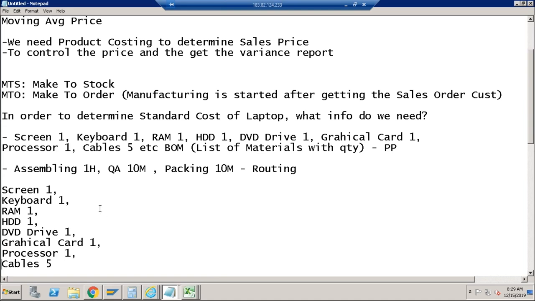So let's say if I have this information in the system, the screen will cost me 100 USD, the keyboard maybe 5 USD, RAM again 20 USD, hard disk maybe another 30 USD, and the DVD drive maybe another 100 USD. This is just for reference purposes. Don't go with this. And the processor will cost me maybe another 100.